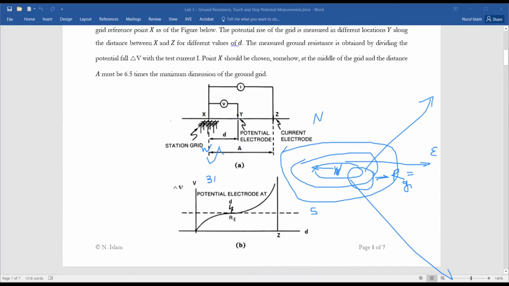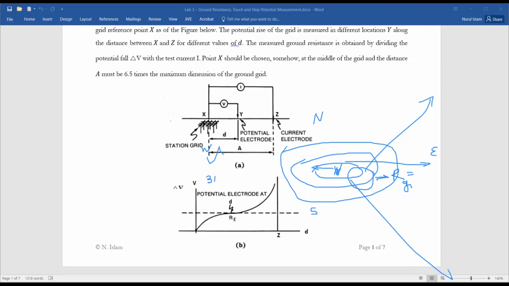You have to reach the region where your curve has a flat portion. Now, definitely if you don't move toward the auxiliary electrode through which you are injecting current, you won't get this part, because that is where you come under the influence of it.